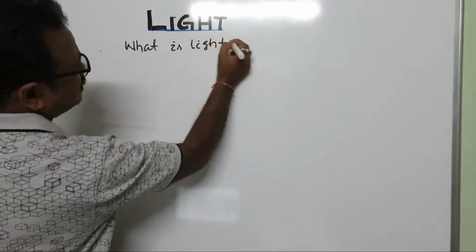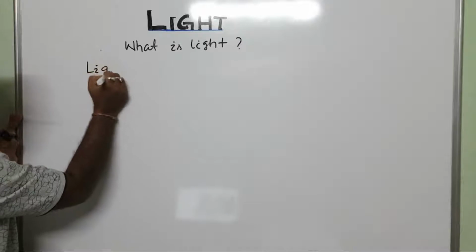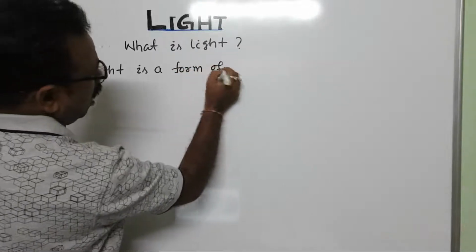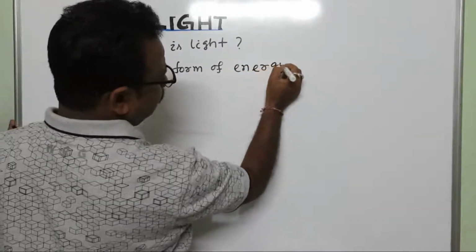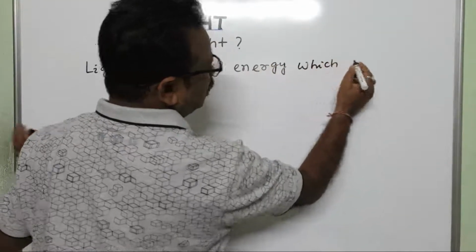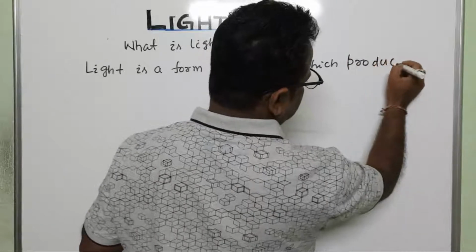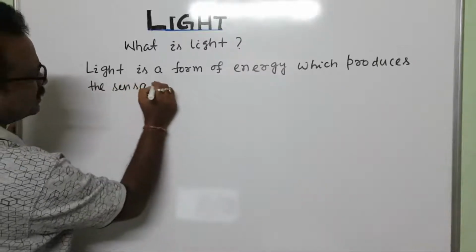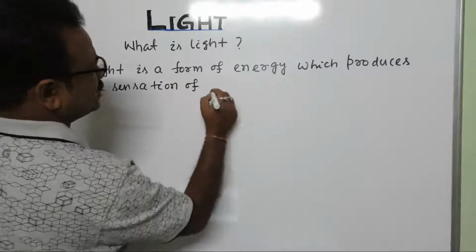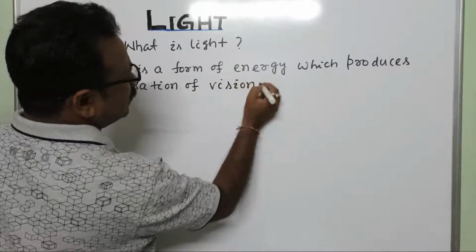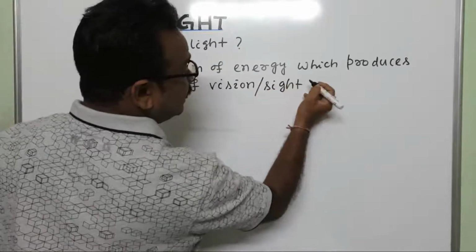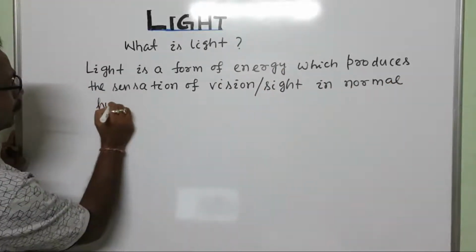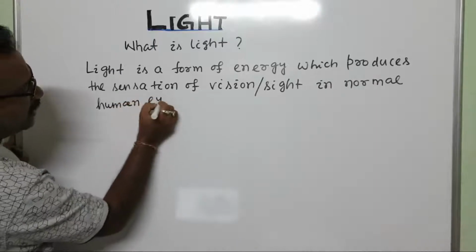What is light? So, we write: light is a form of energy which produces the sensation of vision, or we can say sight, in the normal human eye.